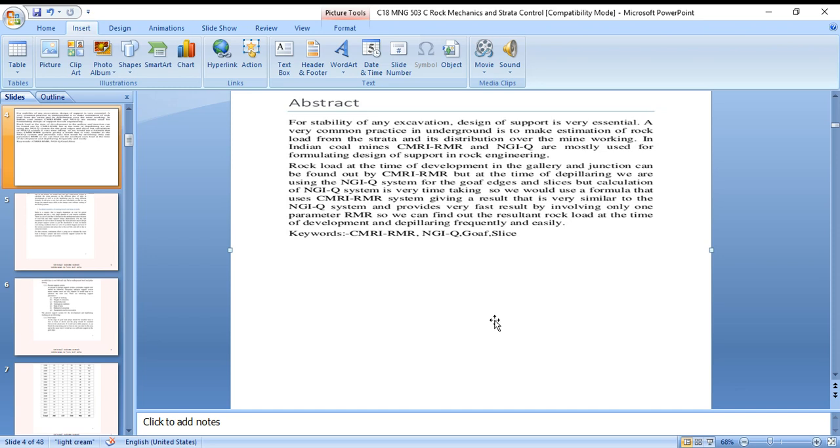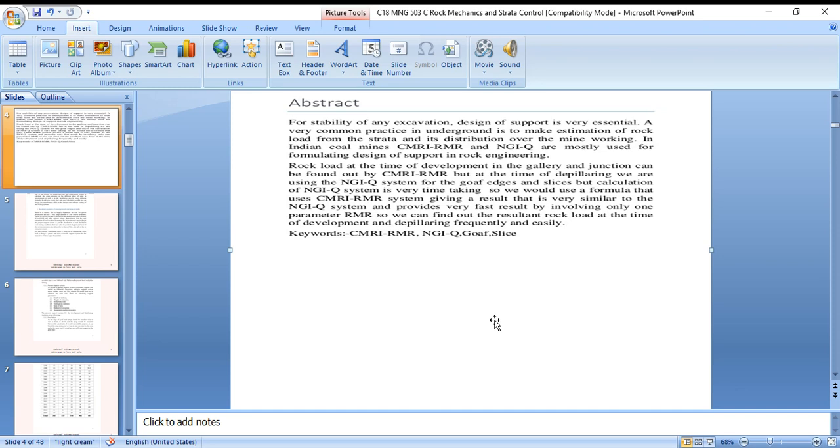A very common practice in underground mines is to make an estimation of rock load from the strata and its distribution over the mine workings. In Indian coal mines, CMR, RMR and NGI-Q are mostly used for formulation and design of supports in rock engineering.